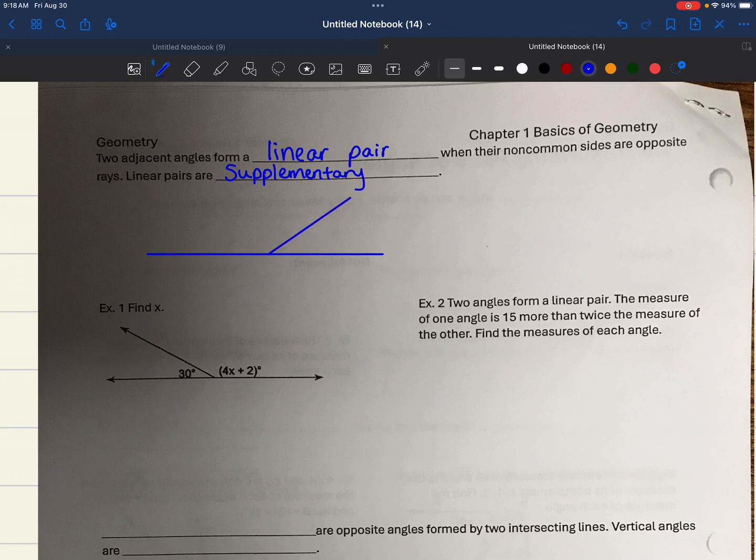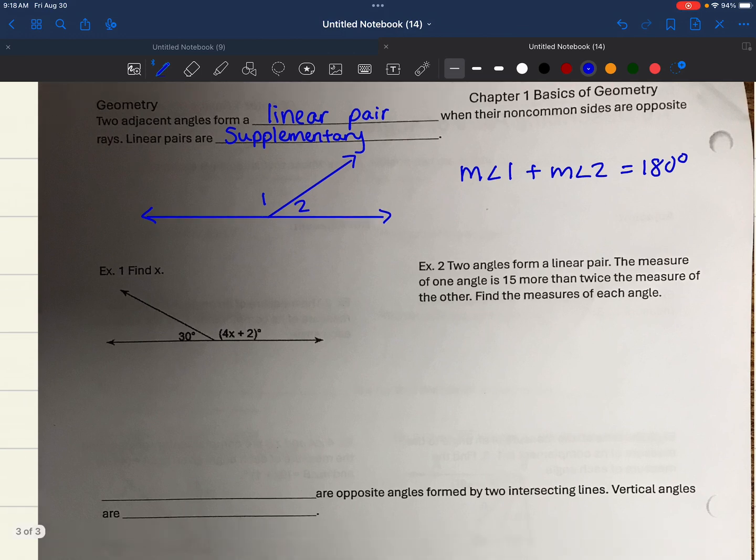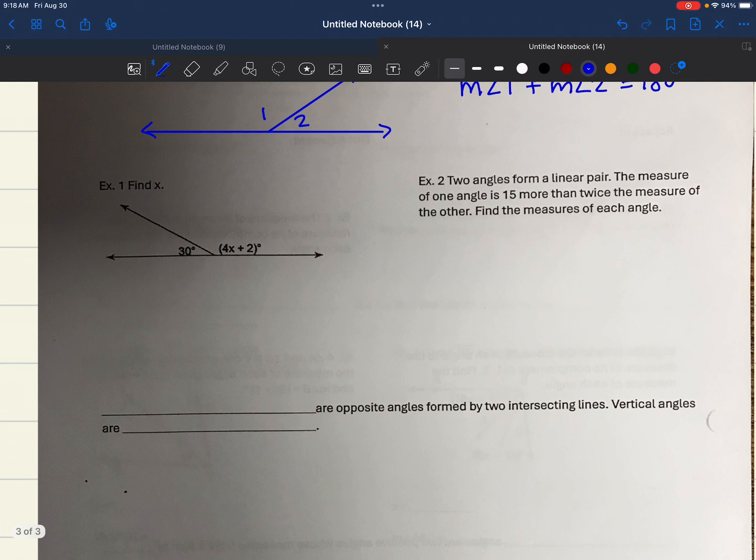So if I have two adjacent angles, kind of like we just talked about, the measure of angle 1 plus the measure of angle 2 has to equal 180. Essentially, linear pair is just another way they tell you that two things are supplementary, because they form a line. Okay.